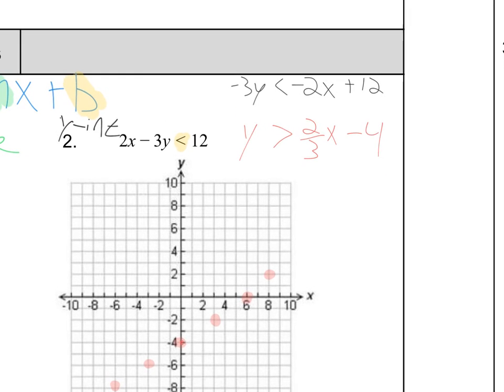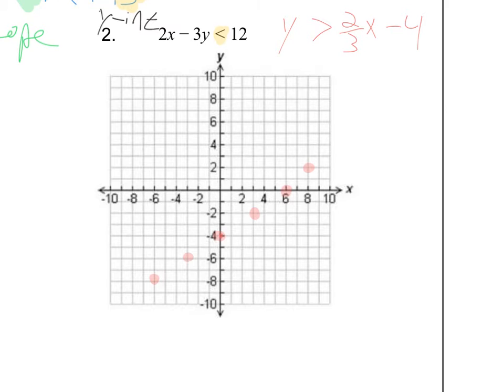Now, this inequality symbol does not have the underline. In the previous target, we talked about how that would not get a filled in circle. Well, when we're talking about lines, it would not get a filled in line. Oops, I goofed on that point. So we're going to have to create a dashed line for this, a dotted line instead of a solid line.